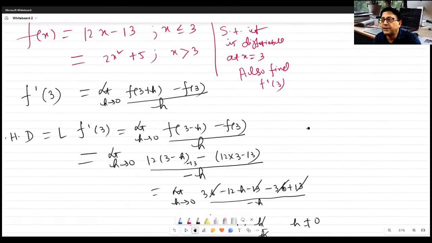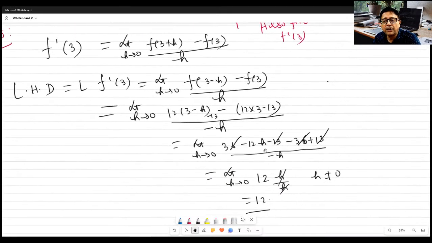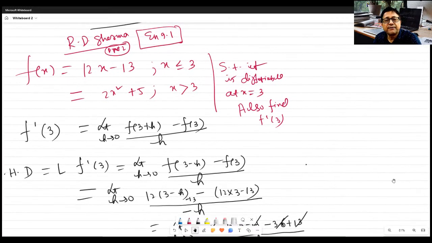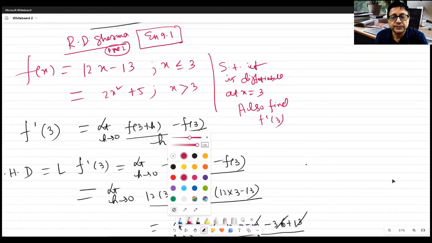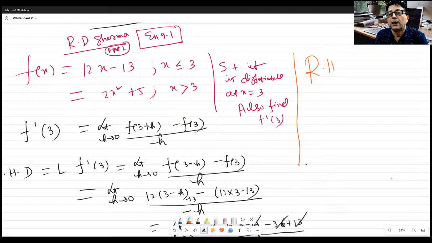Let us find Rf dash 3 on this function only. I got, because 36 minus 36, they are getting cancelled. Clear? Let us write the value of right hand limit. Side by side I am calculating for right hand limit also. RH derivative or Rf dash 3.